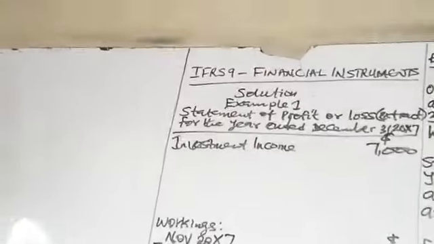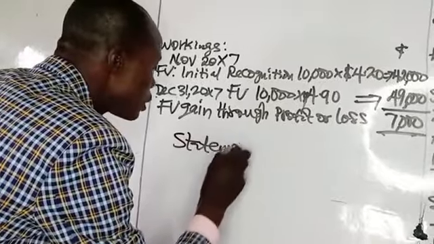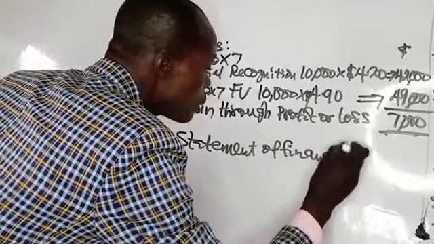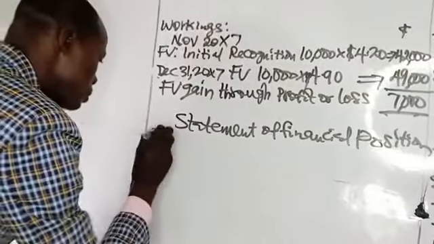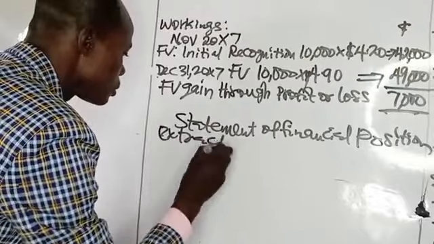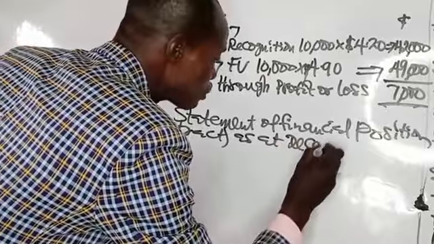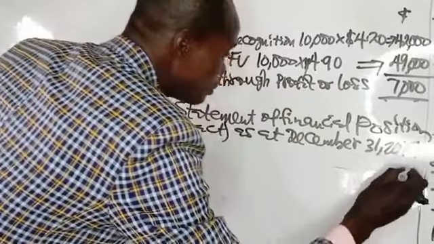Now, let's also have the statement of financial position extract as at December 31st, 20X7.